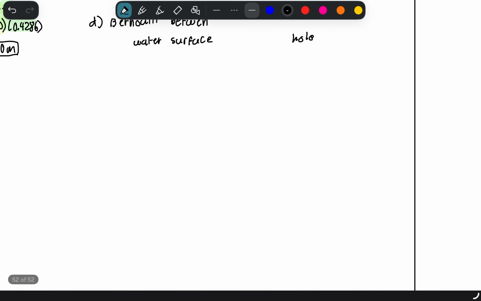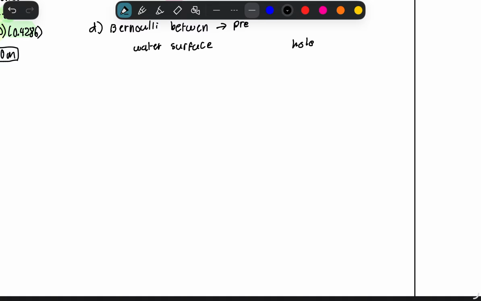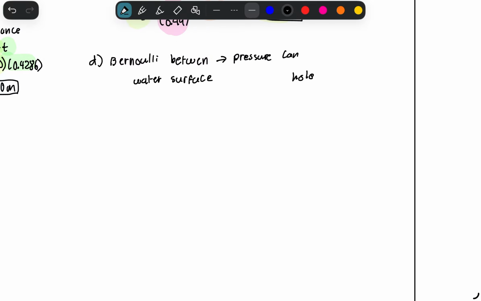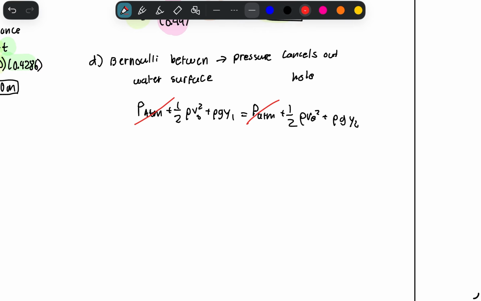That means all the pressure will cancel out. We can write that though, and then cancel them out to show. So that all cancels out. Then you just divide both sides by rho, because you see it in every single term as well.